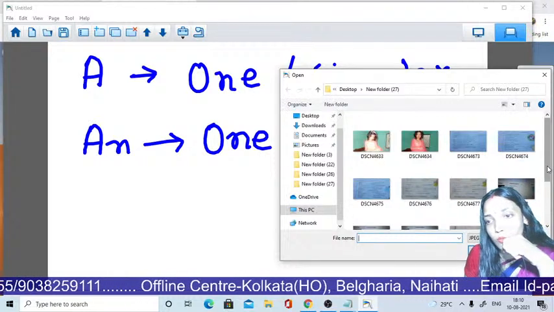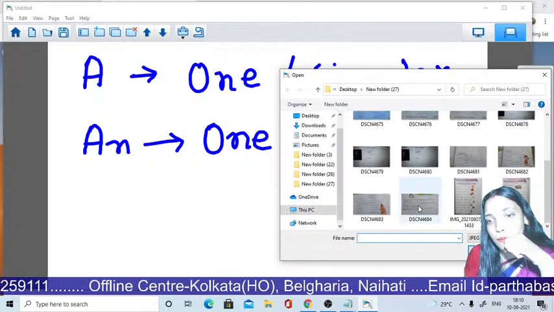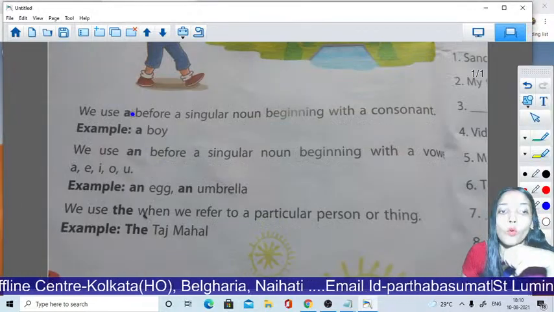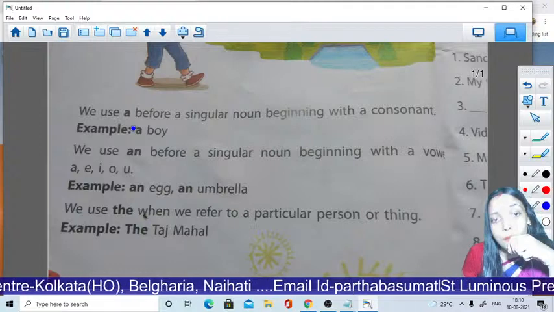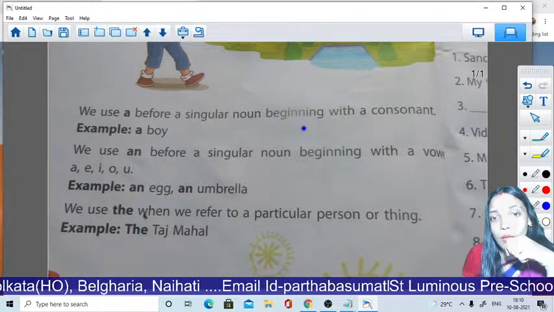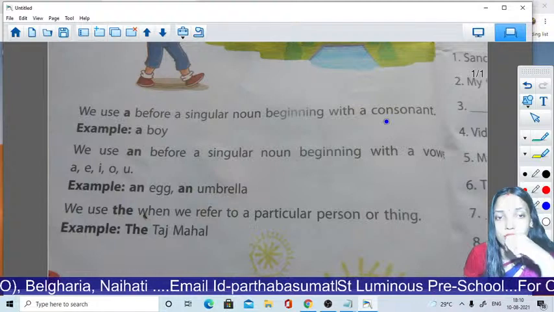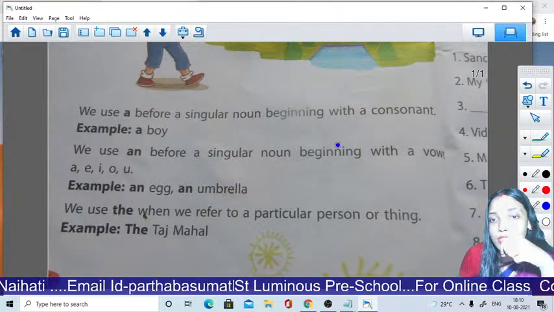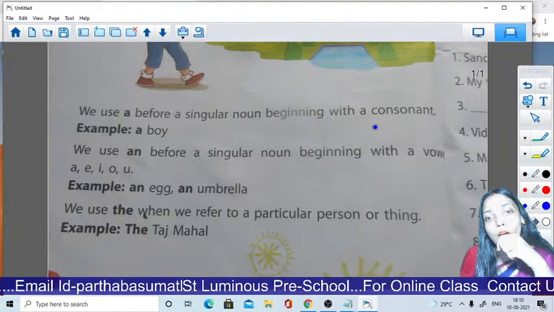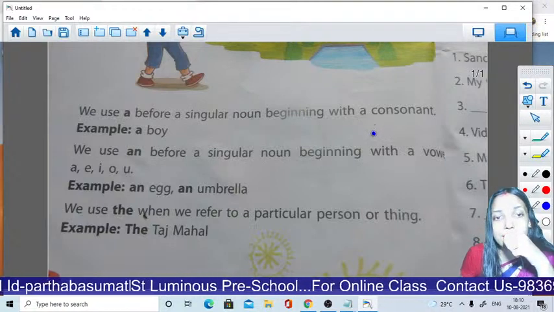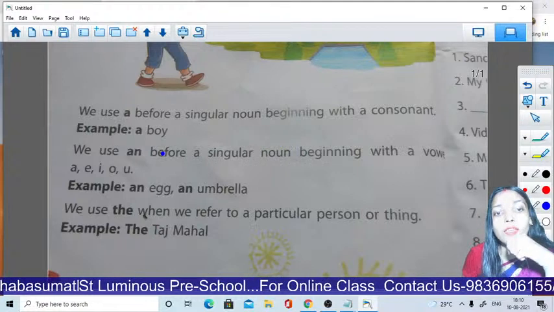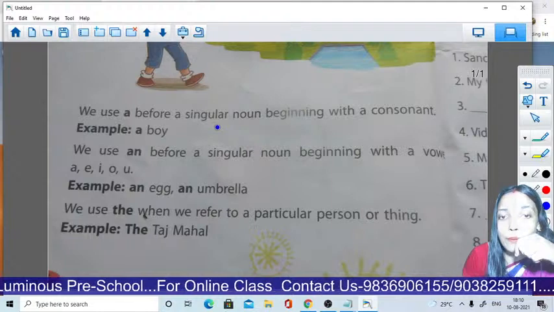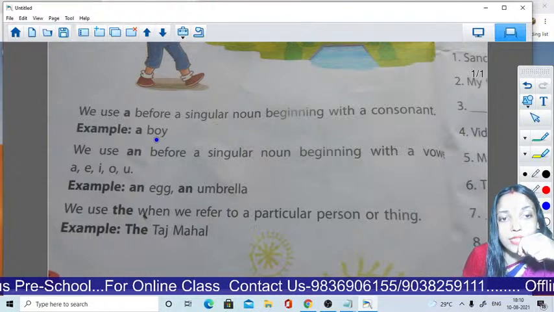We use a before a singular noun beginning with a consonant. Okay? You all know we have 21 consonants and 5 vowels in our English alphabet. So, we use a before a singular noun.